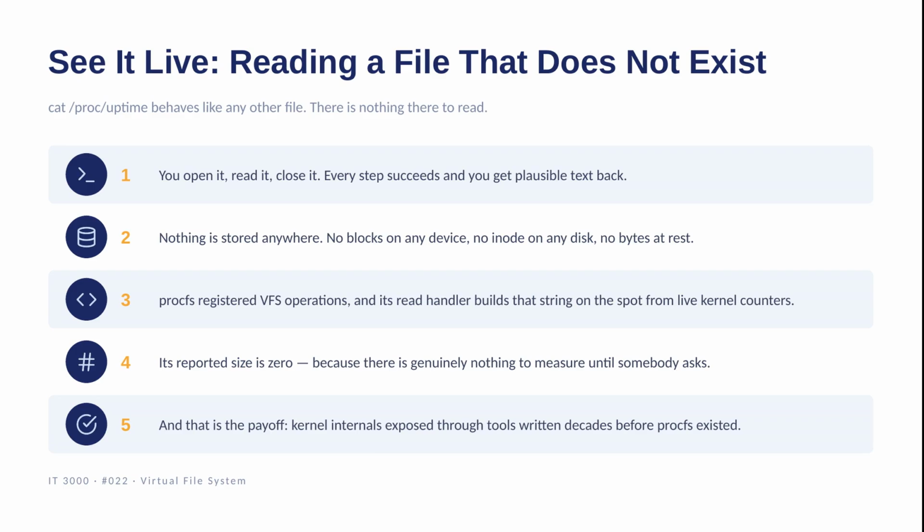What actually happens is that procfs registered itself against the VFS operations, and when you read, its handler synthesizes that string on the spot from live kernel counters. That's why the file's reported size is 0. There's nothing to measure until someone asks. And that's the payoff. Kernel internals, exposed through tools like cat that were written decades before procfs even existed.